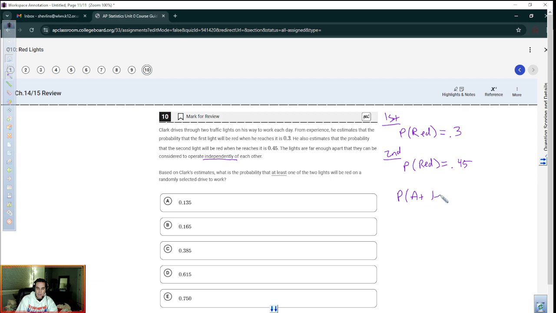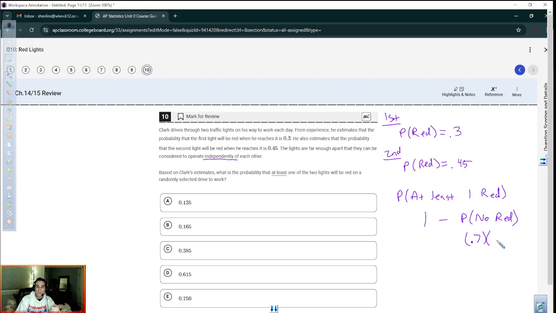So at least one red. You guys know what to do. This is your famous chapter 14 problems. At least one, do the opposite. 1 minus no reds for either light. So the chance that the first one is not red, 0.7.